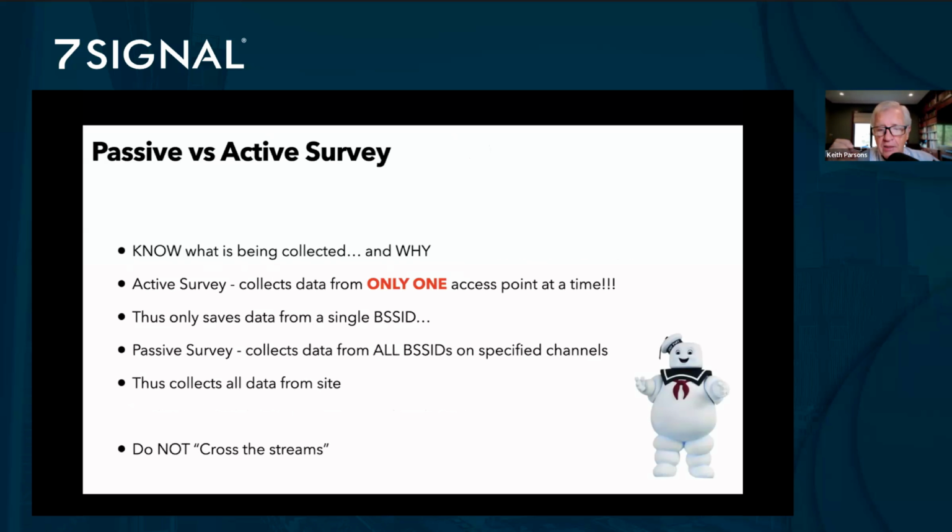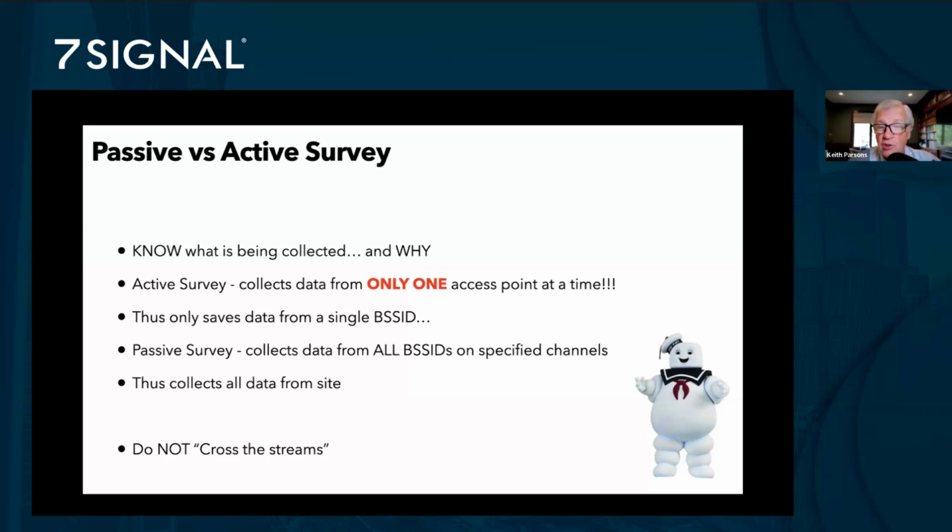And the problem was, and it took me probably over a year to learn this, when you're doing an active survey, you're only collecting one access point, because we took a real live client, we associated to the real live AP like I should have, and I'm sending data from my client to that AP, and it's fantastic data, but I'm only getting it from one AP.